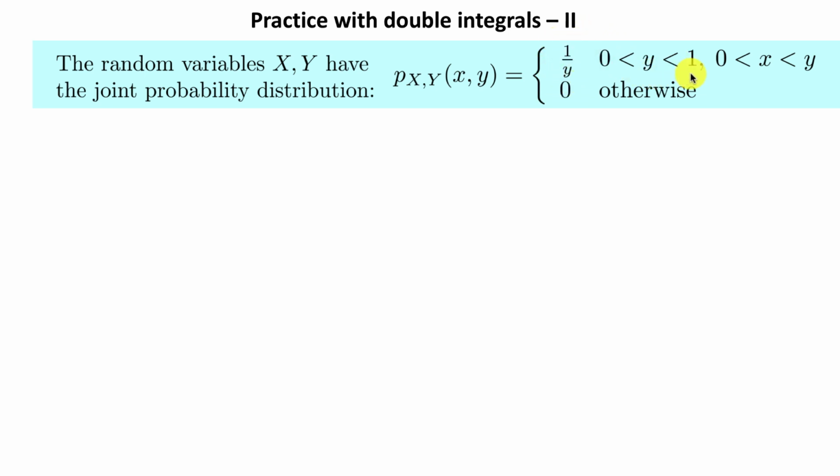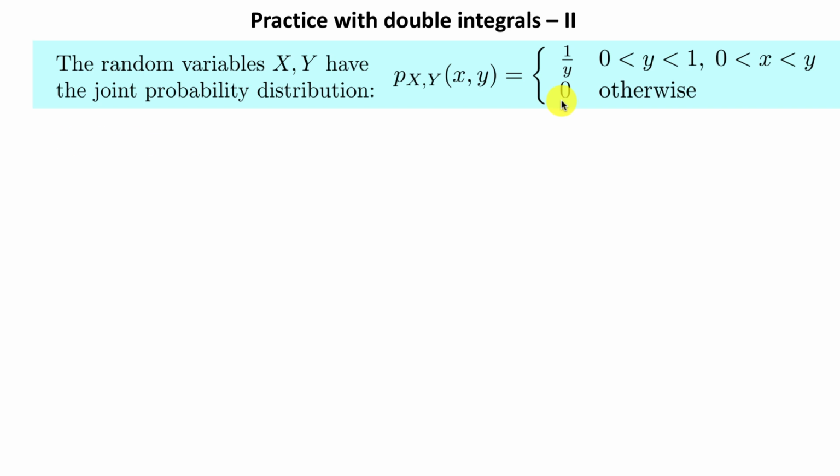However, there is implicitly x present because x has to be between 0 and y. So, as y changes between 0 and 1, x will remain below y. If this condition over here is not met, then the joint probability distribution is equal to 0.